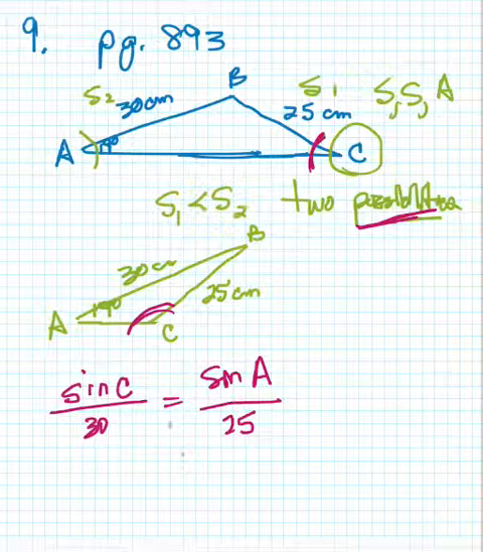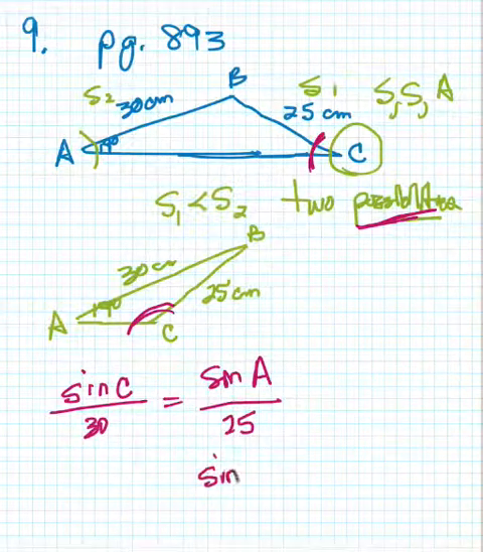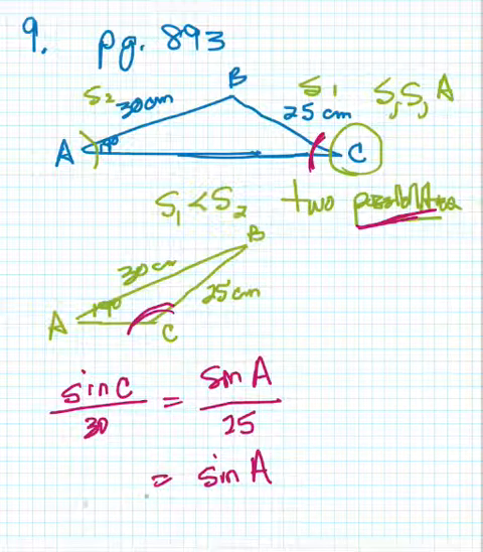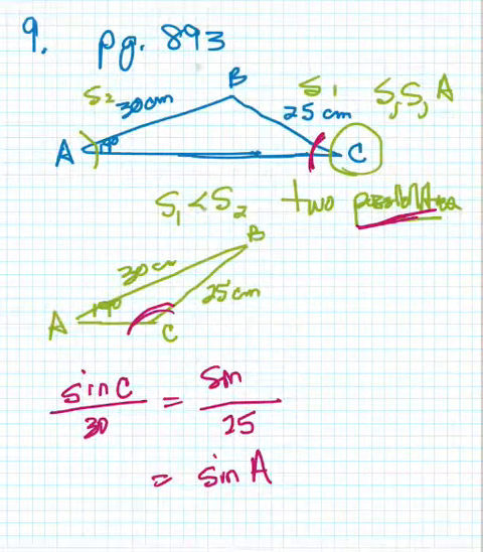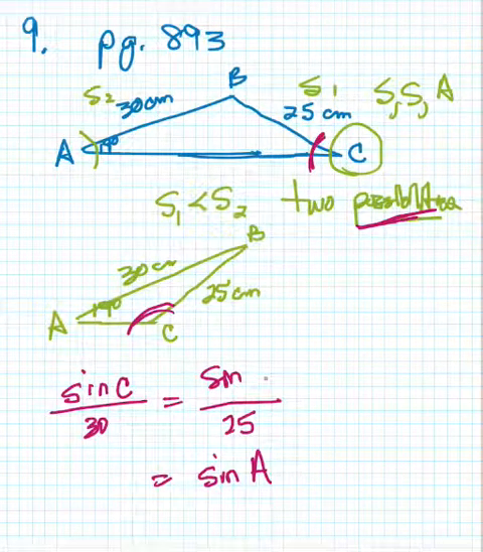Let's put the correct numbers in right over here. We know A is 19 degrees.